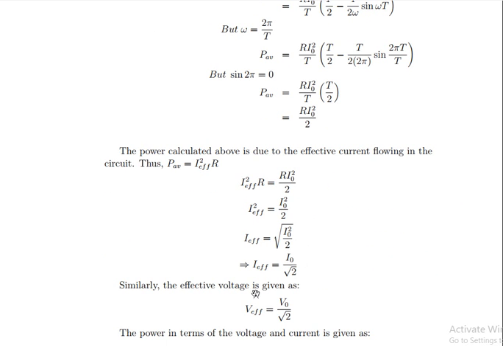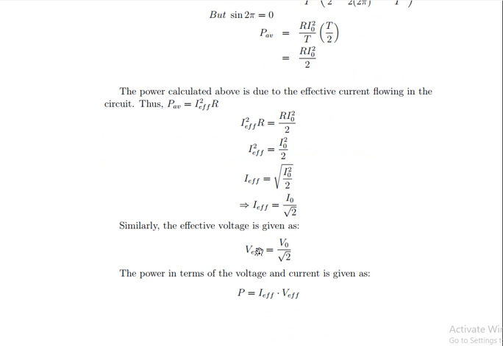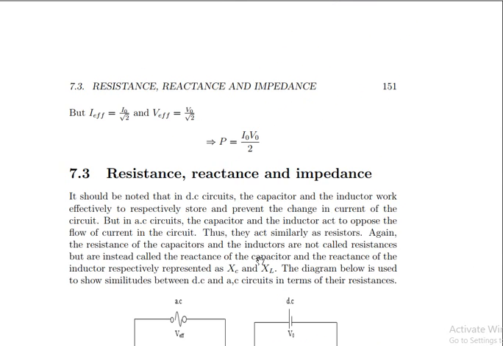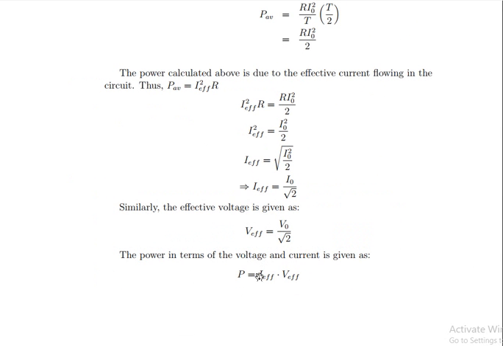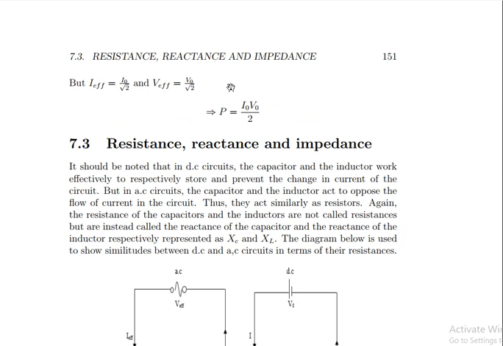So this is the formula for the effective current which passes through the circuit. Effective current is equal to the maximal current divided by the square root of 2. The effective voltage too is equal to the maximal voltage divided by the square root of 2, and the power is going to be given by the effective current and effective voltage. So it's giving us this.